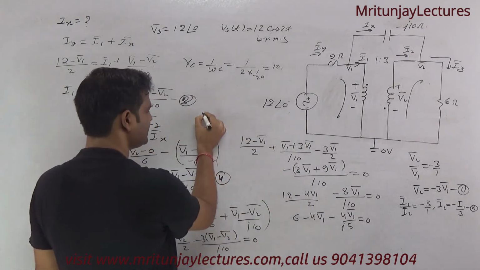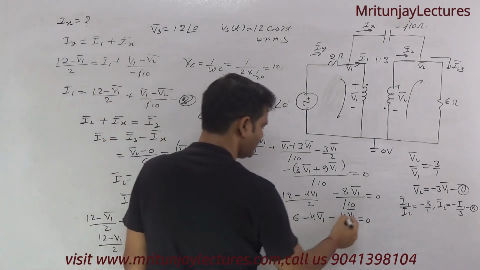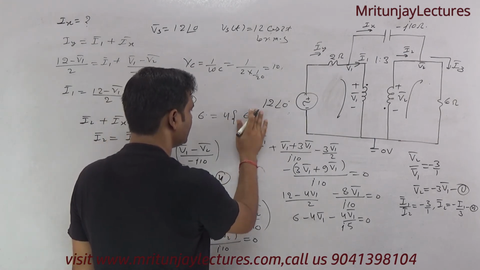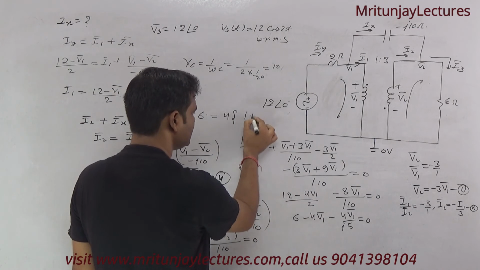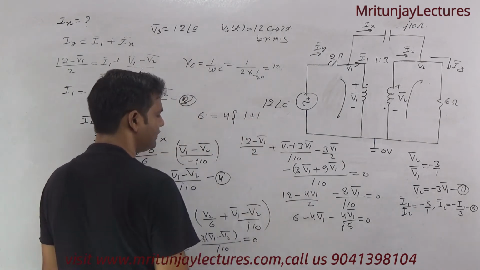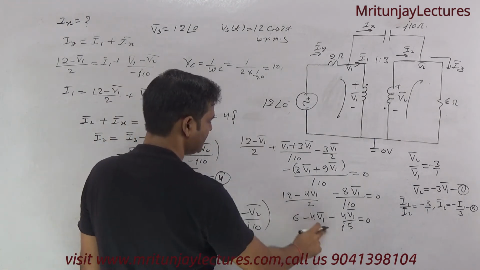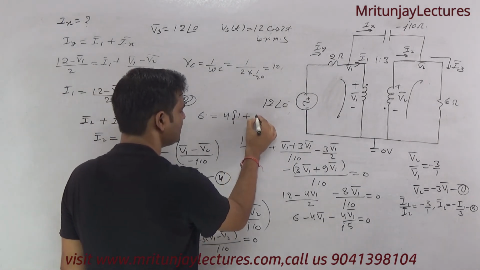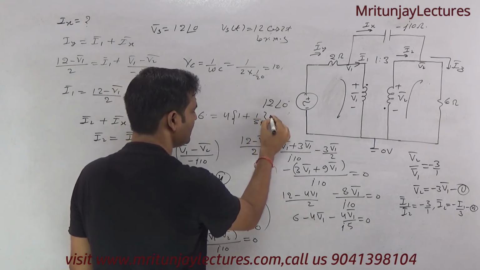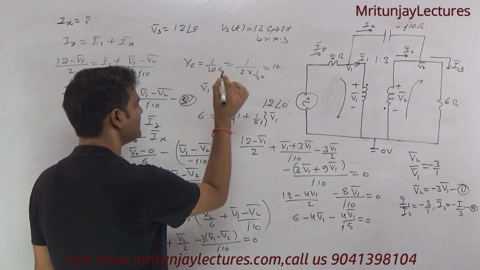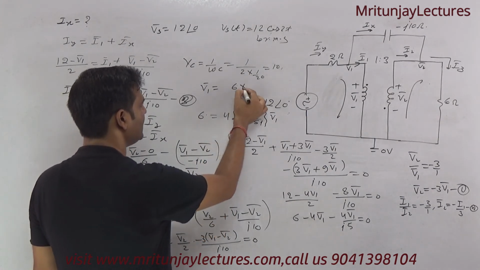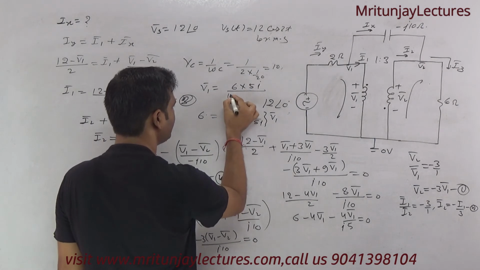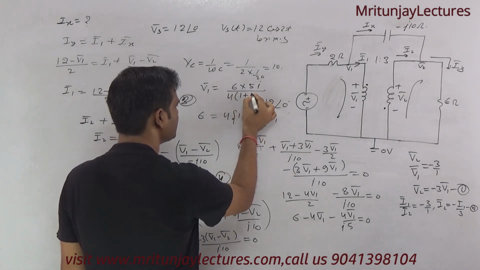Solving these two, 4 is common, so we get 1 plus 1 by 5j into V1, so V1 is written as 6 into 5j divided by 4 into 1 plus 5j.